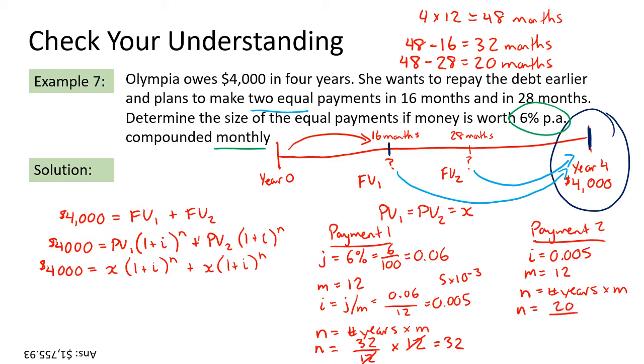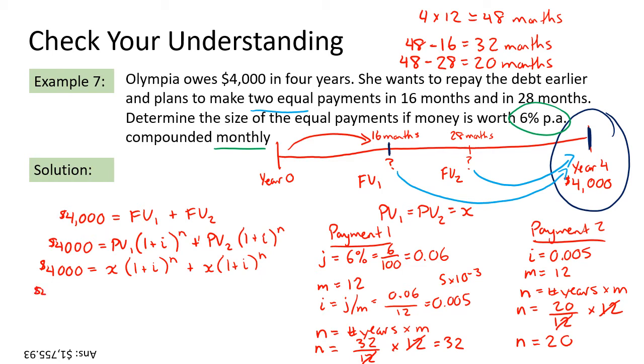And again, we have to convert this to years. So we divide it by 12. And we multiply it by the number of compounding periods per year, which is 12. And just like for payment 1, these 12s cancel. And we're left with a value of n of 20. So now we have all this data, we can substitute it back into our equation.